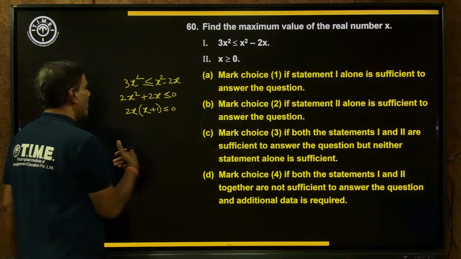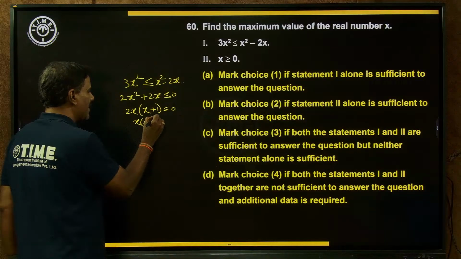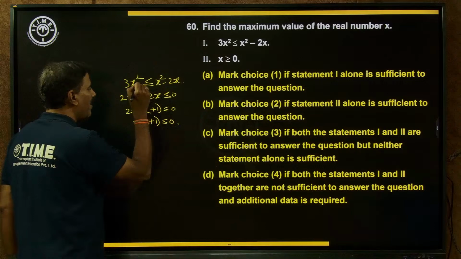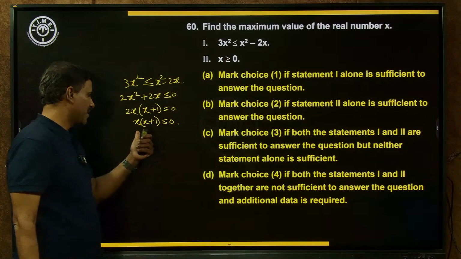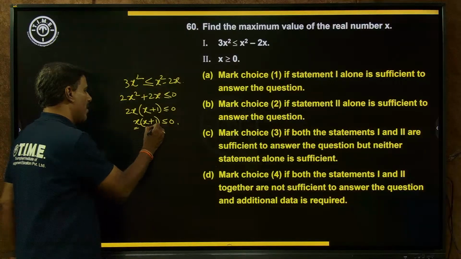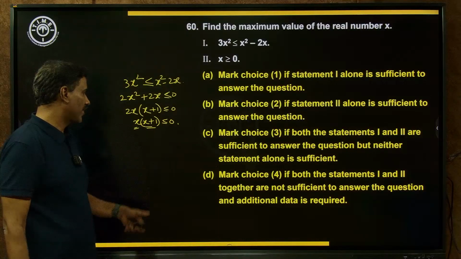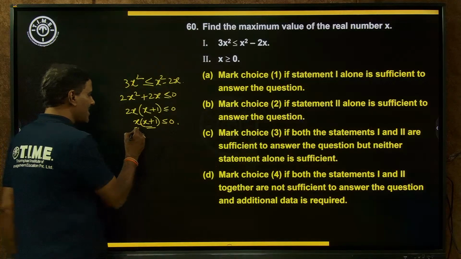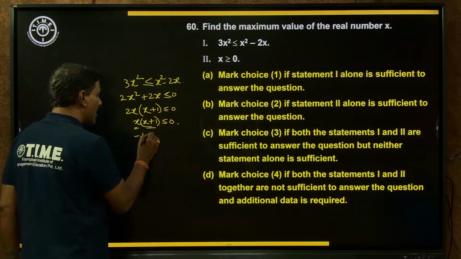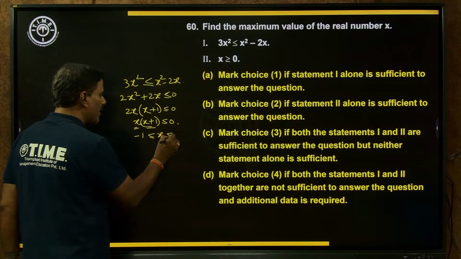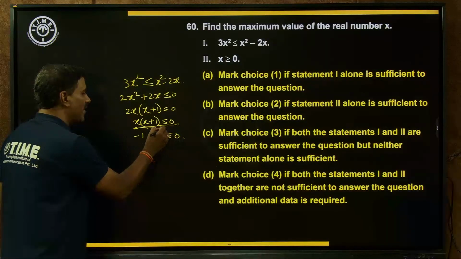From our quadratic equations knowledge, if the product of factors is less than or equal to 0, the value should lie between the roots. So x is 0 and x plus 1 is 0 means x is minus 1. So it will be minus 1 less than or equal to x less than or equal to 0. That is the range in which this will be lying.